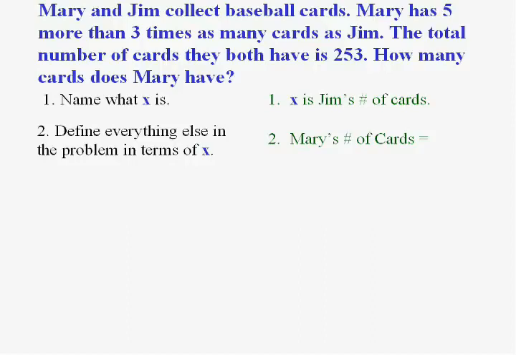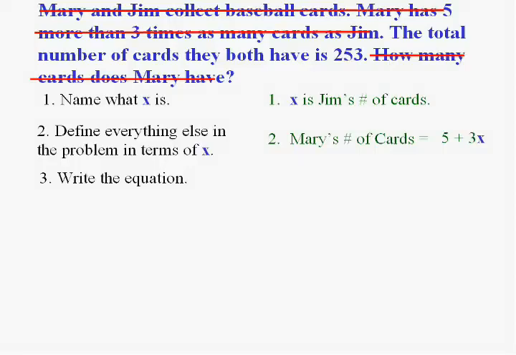Now, Mary's number of cards is 5 more than 3 times Jim's number. So I could let Mary's cards be 5 more than 3 times Jim's. Now, I've got both defined. I should cross out and move on to step 3.